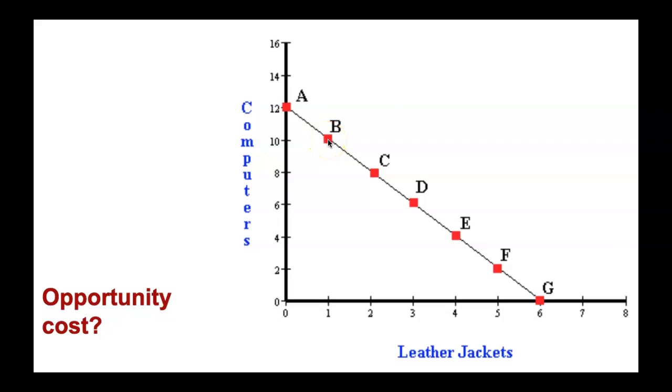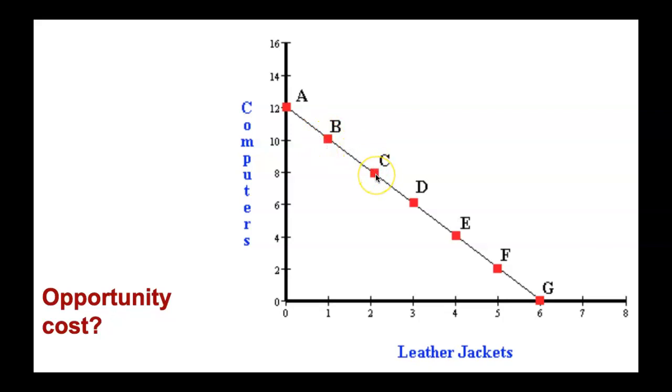How many leather jackets are being produced at B? Now if we move to C, how many computers are being produced at C? How many leather jackets are being produced at C? Which went up and which went down? And how much did that go down?